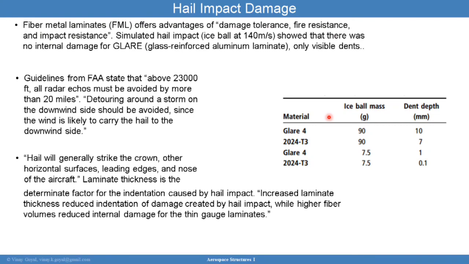Now, the guidelines from the FAA state that above 23,000 feet, all radar echoes must be avoided by more than 20 miles. And you want to detour around a storm, and the downside should be avoided, since the wind is likely to carry the hail to the downwind side.